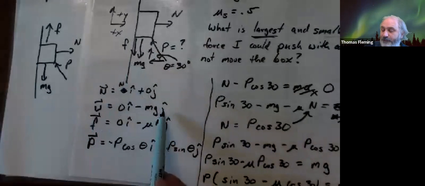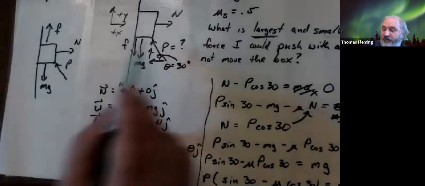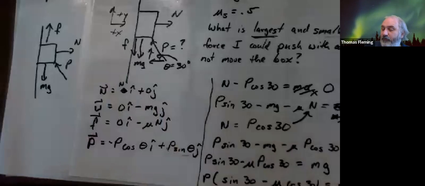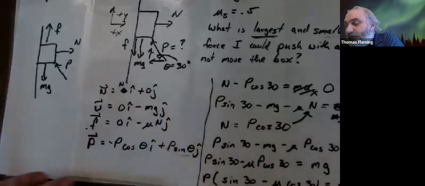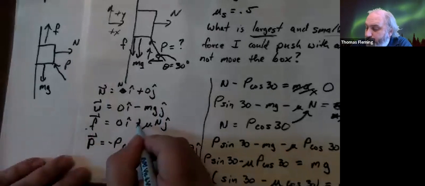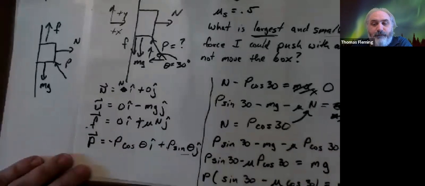Heck, even the push is the same as it used to be. All that's going to have to happen is we're going to make that be positive. It's going to be upward, not negative. So all I've got to do is, boop, there we go, it's plus now.